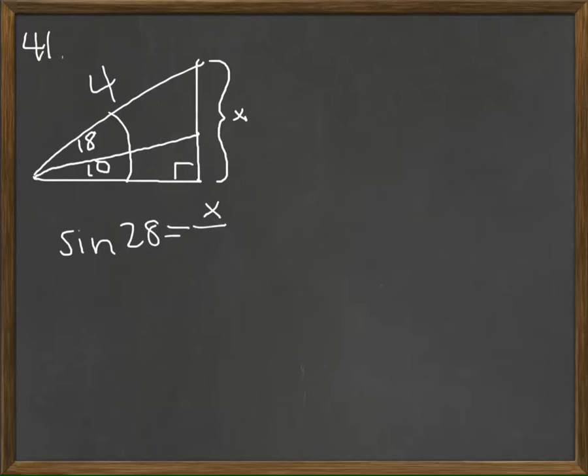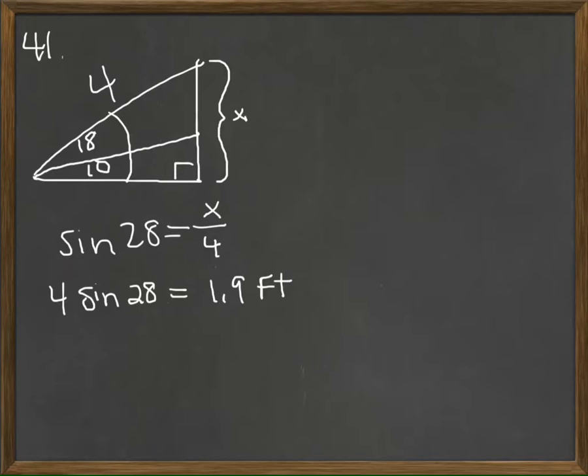It's going to be x over 4. So the answer is 4 times the sine of 28 equals, and that turned out to be 1.9 feet.